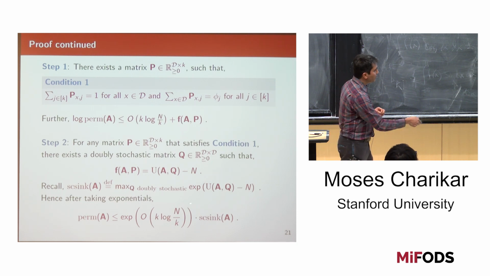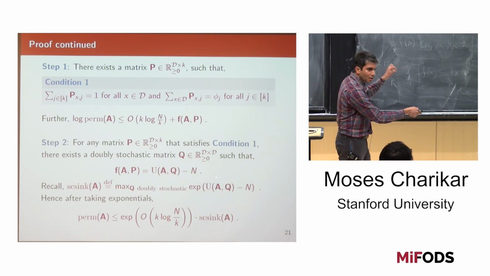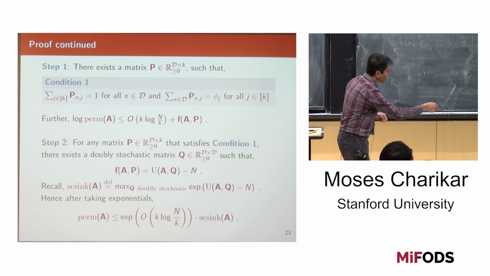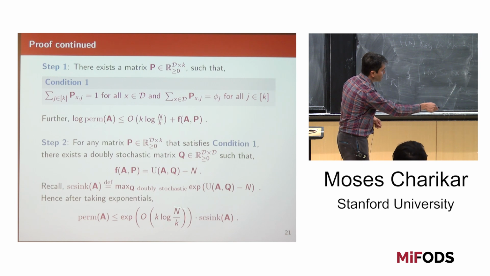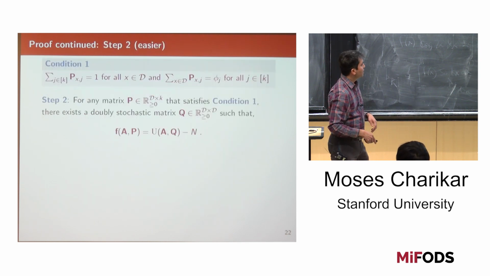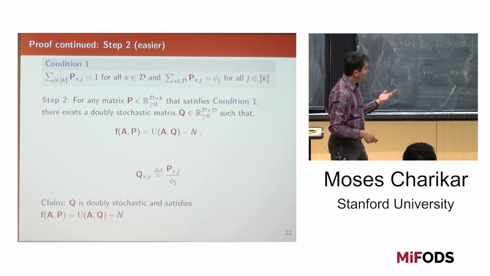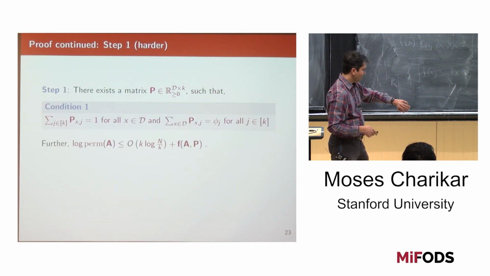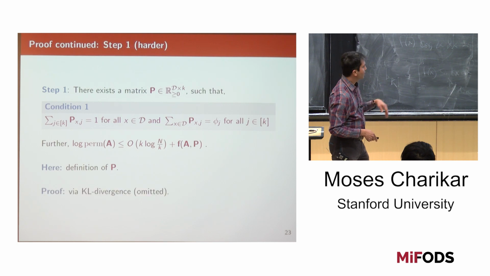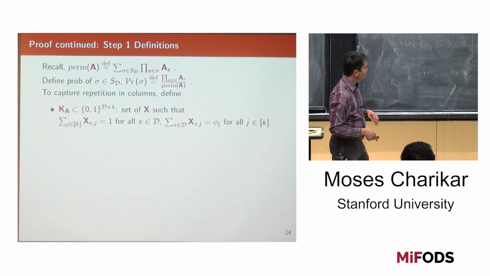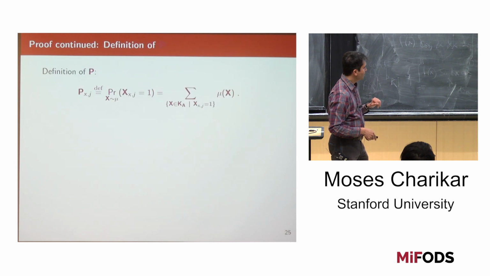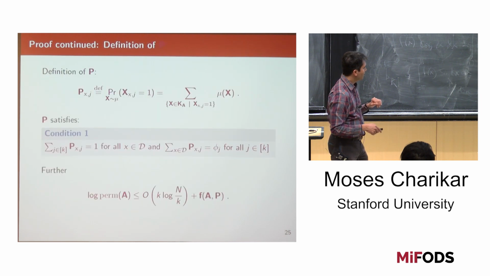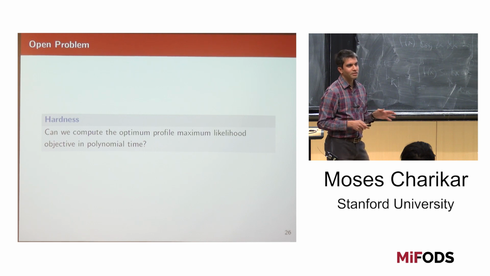So our goal is to find a special doubly stochastic matrix that we can plug in here, and that guarantees that the permanent of A satisfies this inequality, okay? Now, actually the construction is interesting in itself, but I'm going to skip it in the interest of time. I'm happy to tell you guys more if you want offline. So I'm just going to flash this. Sorry about that.